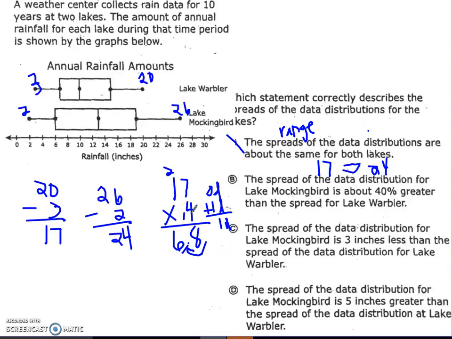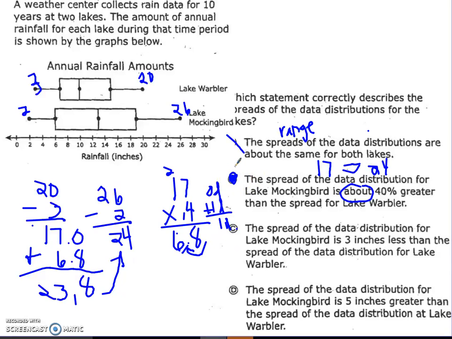So if we did 17 plus 6.8, we would get 23.8. And 23.8 is about 40%. Looks like it's going to be B.